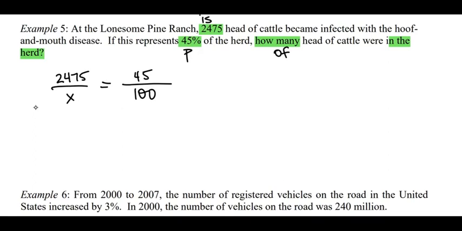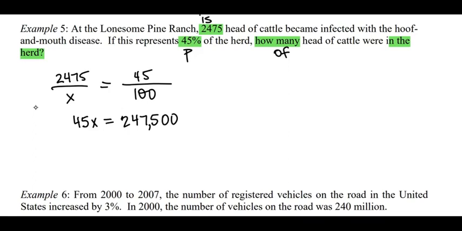So I have 45x equals 2,475 times 100, which is 247,500.